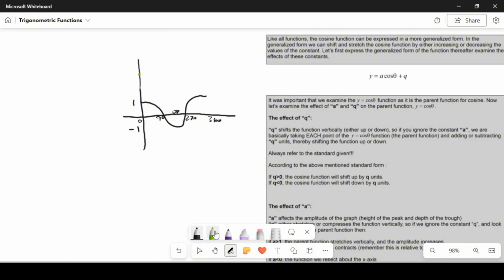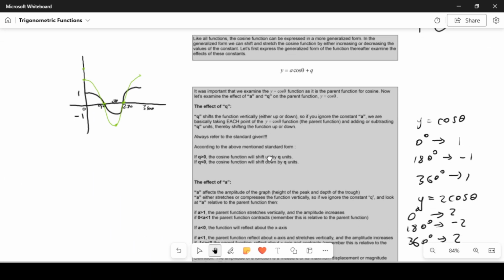So what's going to happen is this here. This is going to come here. This -1 is going to come here, -2. And this 1 here is going to come here. Right? So all of the non-zero values will be multiplied by 2. But the 0 values will stay where it is, isn't it? Because it can't move. And so what's going to happen is now the function is going to assume such a shape. So what it did was it stretched the function. It stretched the parent function. Can you see that? So that's basically what we're saying.